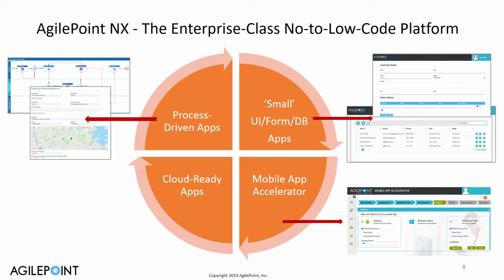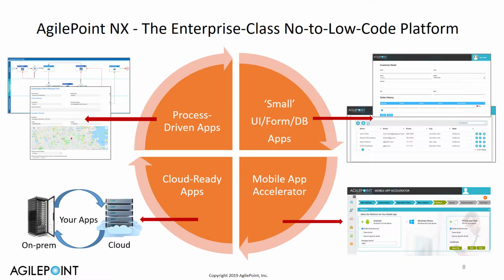A mobile app accelerator, which enables you to custom brand an AgilePoint mobile application and push out your AgilePoint apps to public, private stores, or for device-specific use. And of course, whatever it is that you build, it's all ready to be leveraged with your favorite cloud service.